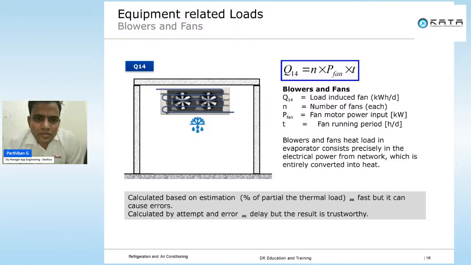Then blowers and fans. If you see in a cold storage, we will use an evaporator. In the evaporator, you will have a blower or fan. This blower or fan also will consume electricity. What the blower will do is take the electricity and increase the pressure of the air. Say air is at 1 bar pressure, which is atmospheric pressure.